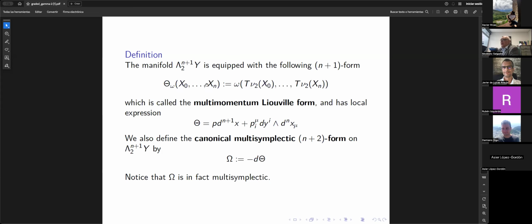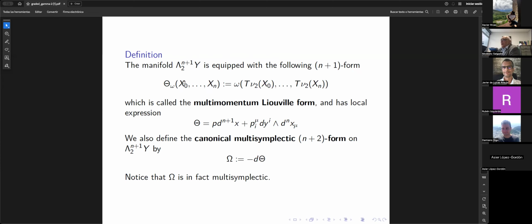And we can prove that any bundle of forms has a canonical, a tautological form. If we consider a bundle of n+1 forms, this theta is a tautological n+1 form defined as follows.